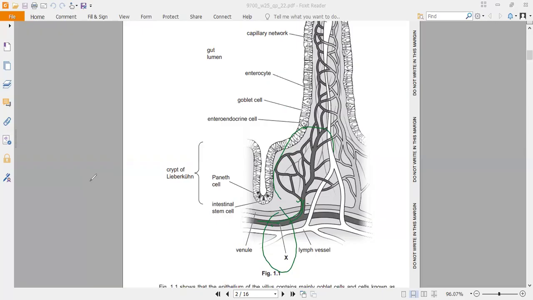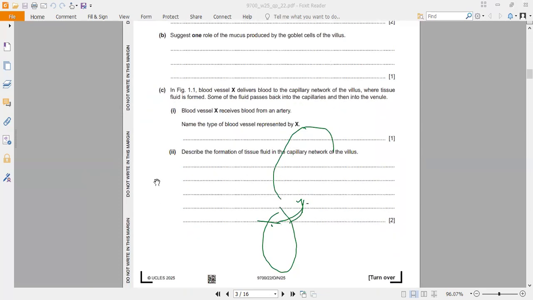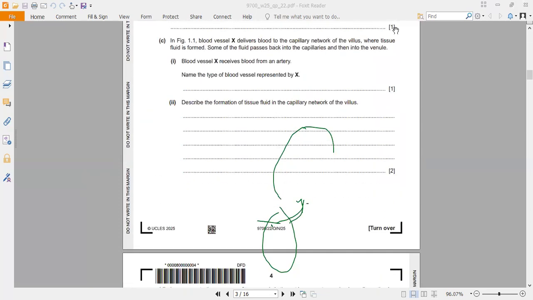We will write its name on the given space. So it is arteriole.